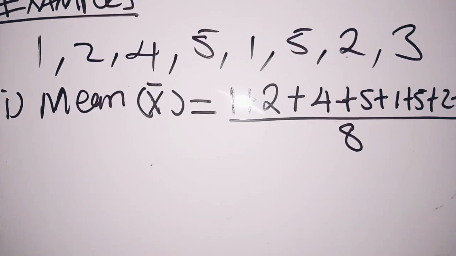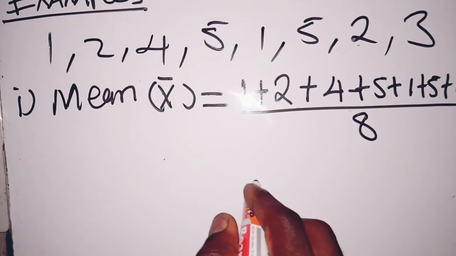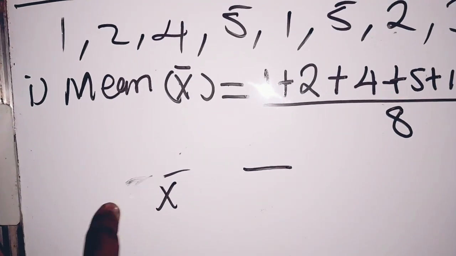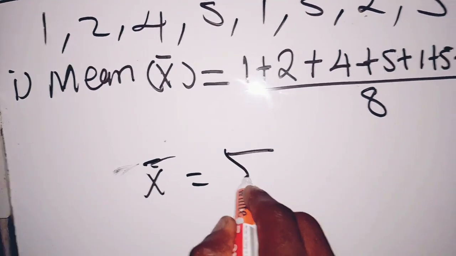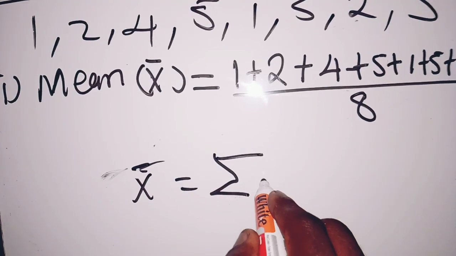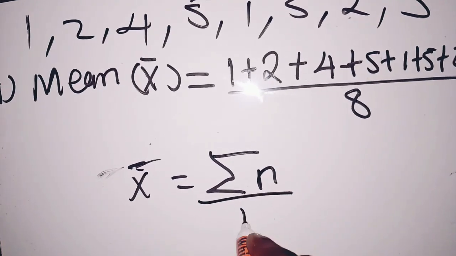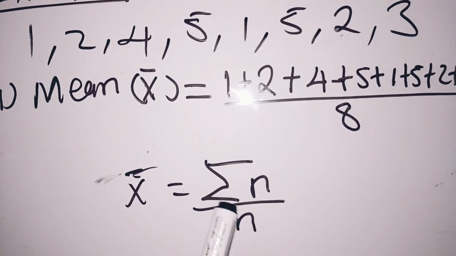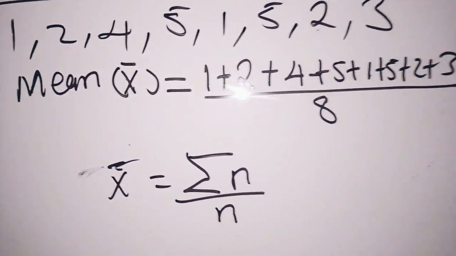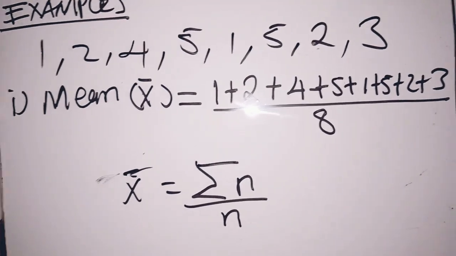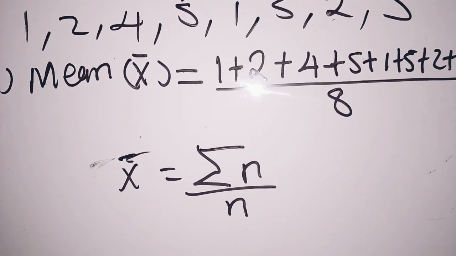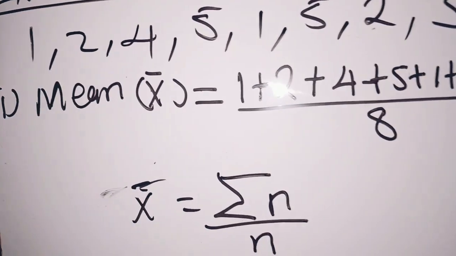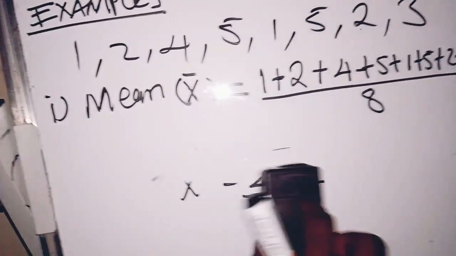The mean, x bar, is equal to the summation of the numbers divided by the number of samples. That's how you do it. This symbol is summation.